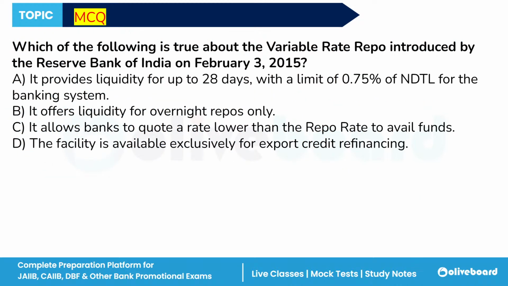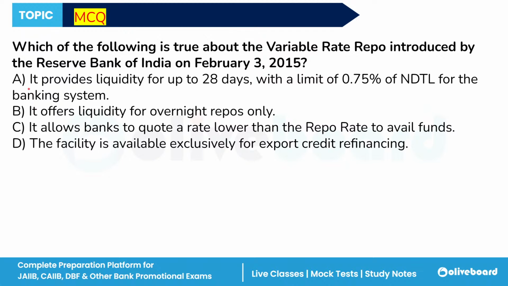And which of the following is true about the variable repo rate which was introduced by the Reserve Bank of India on February 3, 2015? It provides liquidity for up to 28 days with a limit of 0.75% of NDTL for the banking system.